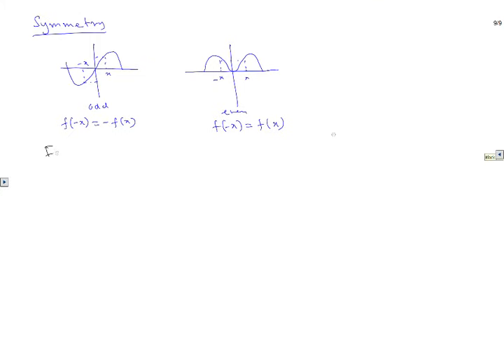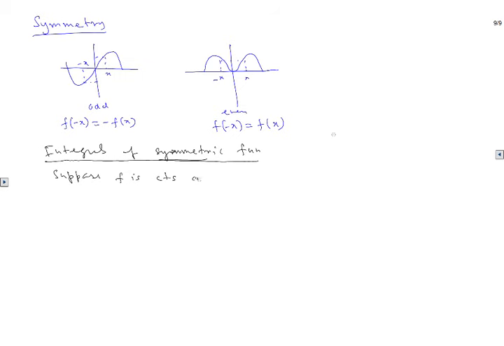Integrals of symmetric functions. So suppose f is continuous on the interval from negative a to a, symmetric.